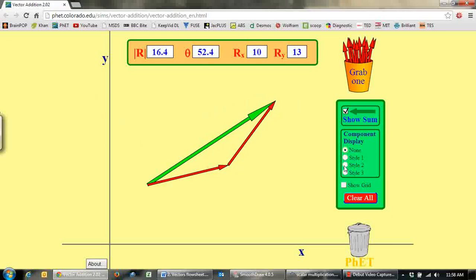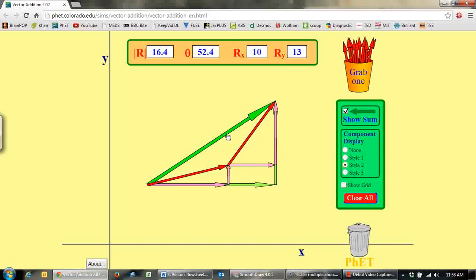And if I move it over here and put these components on, you can see what's happening if you can understand this. This first vector was made up of these two purples, so an x component and a y component. This second vector that I placed on here has an x component and a y component.